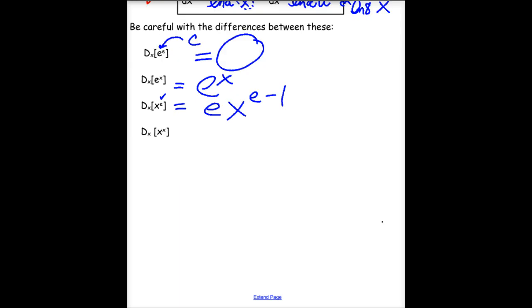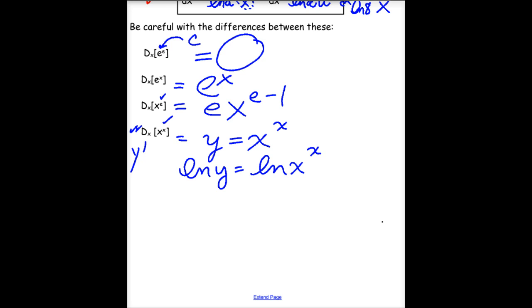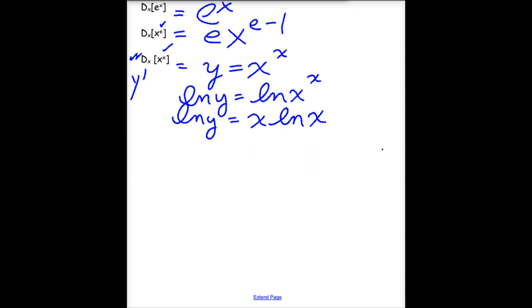The trickiest of these is this last one, because for x to the x, we haven't given you a derivative, but you should be able to monitor and adjust whenever the x is in the exponent. We can always begin by defining the function as y, realizing that I'm looking for y prime. Logarithmic differentiation will be applied. I can get that x out of the exponent. My goal now is to take the derivative of both sides with respect to x, which gives me 1 over y times dy/dx, or y prime over y.